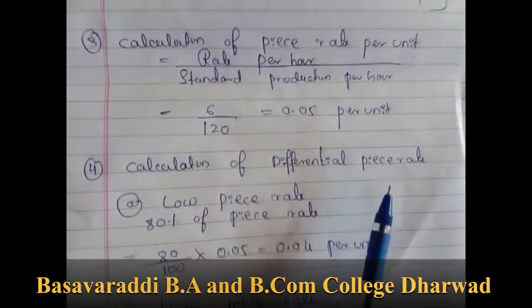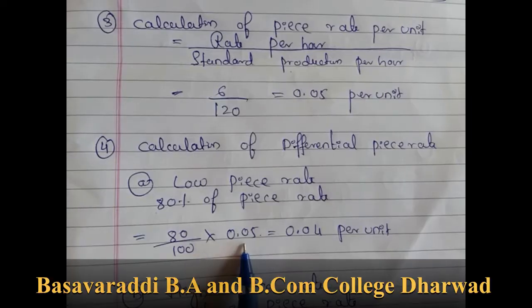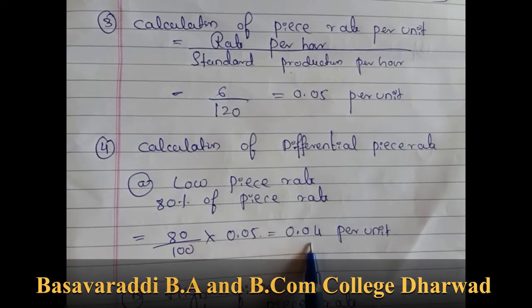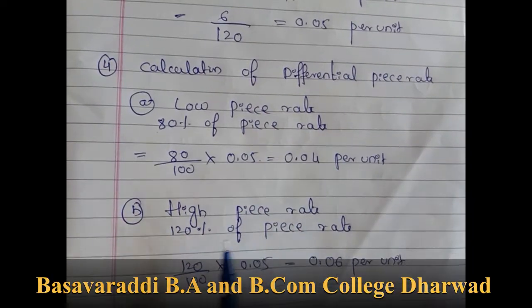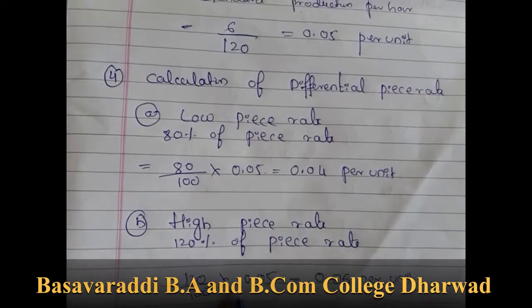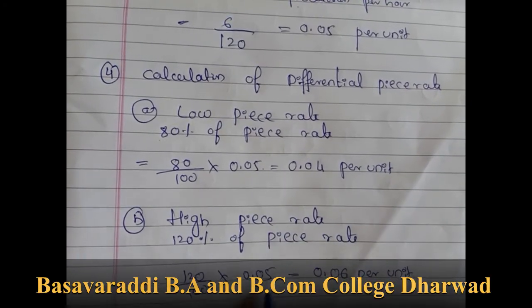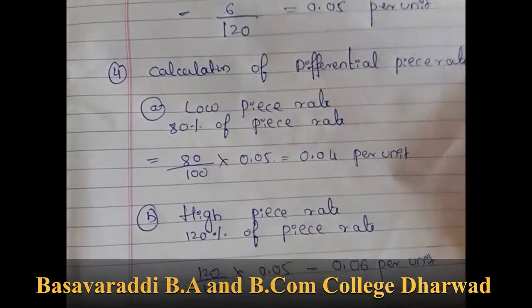A, low piece rate, 80% of the piece rate, 80 divided by 100 into 0.05, 0.04 per unit. B, high piece rate, 120% of the piece rate, 120 divided by 100 into 0.05, that is 0.06 per unit.